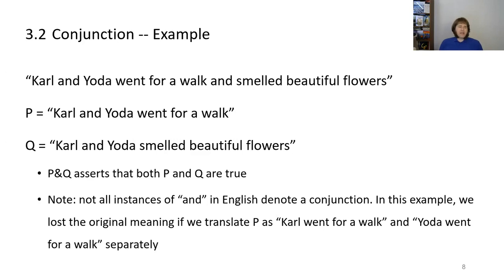Because sometimes when we're looking at what's being said in natural language, what's really being said is that two or more people or creatures or things have some kind of property. Something's being said about them. Now, I said we could take what we have here, we could break it down and say Carl went for a walk, Yoda went for a walk, Carl smelled beautiful flowers, Yoda smelled beautiful flowers. We could break that first sentence down into those 4 different simple statements.